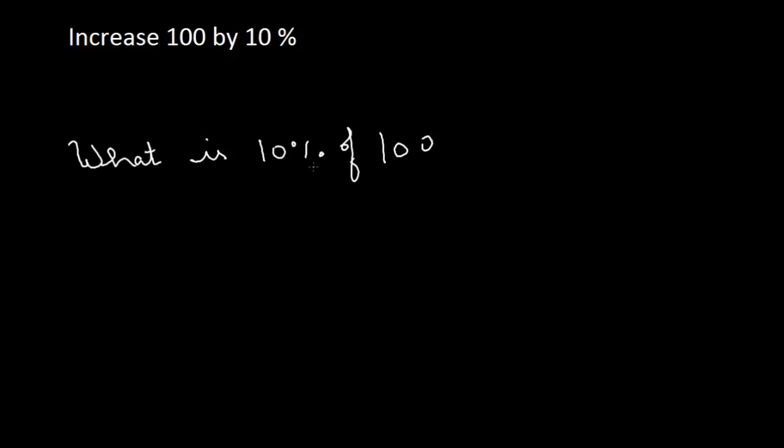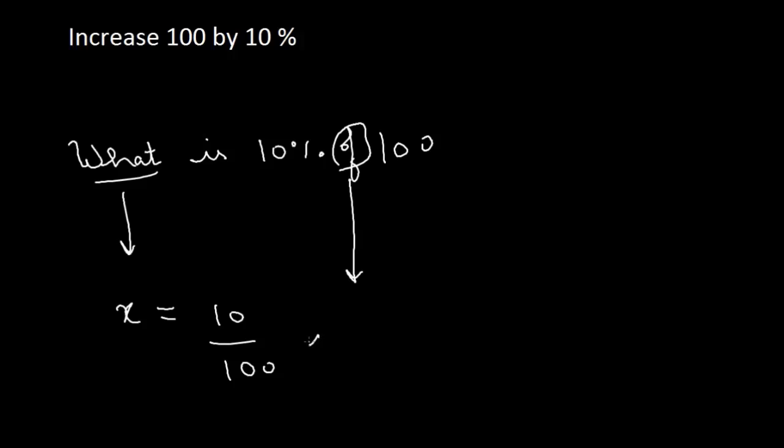So now we'll use the approach that we used for the previous question. That is converting the words into its mathematical equivalent equation. So what is equal to x and is, we write, is equal to 10%. So that is 10 by 100 of. This means a multiplication. So into 100. So we get x equals to 10.